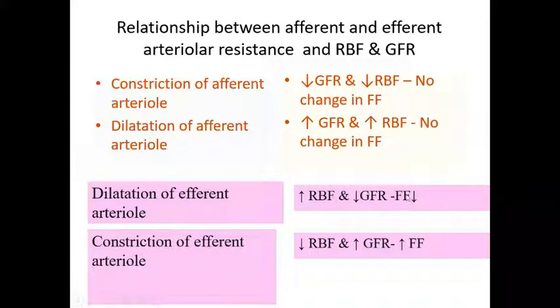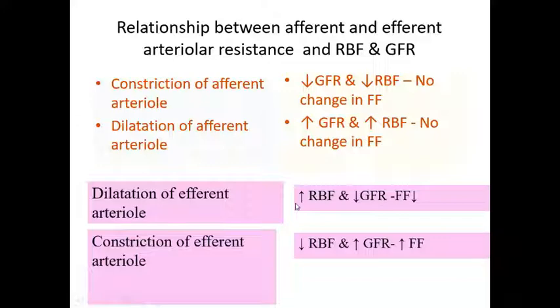That will have an effect on reabsorption as well. With constriction of the efferent, you can see the renal blood flow or renal plasma flow is reducing, the glomerular filtration rate is increasing, so the denominator is reducing and the numerator is increasing. It means that your fraction is going to increase. So you need to understand the relationship.